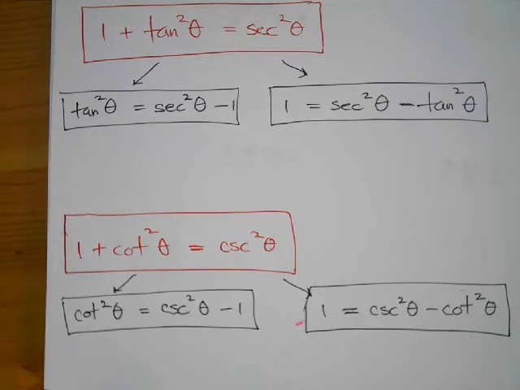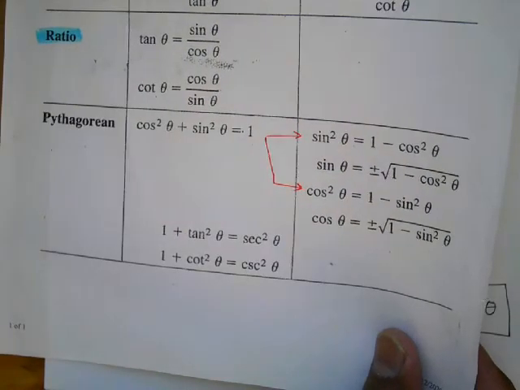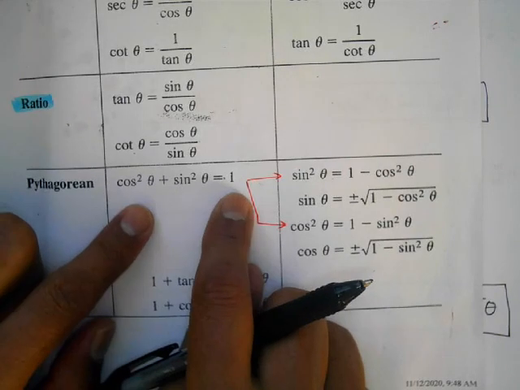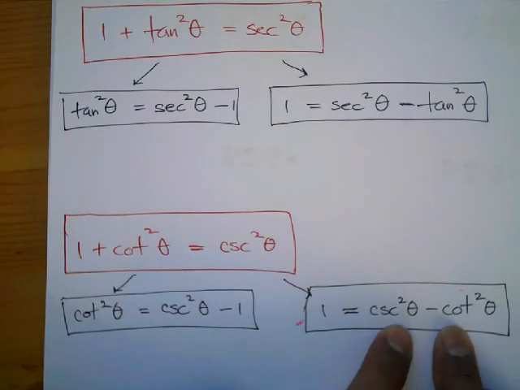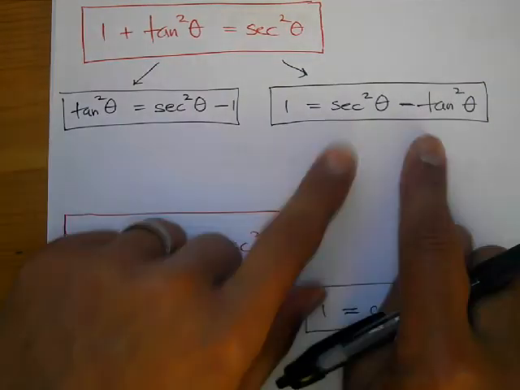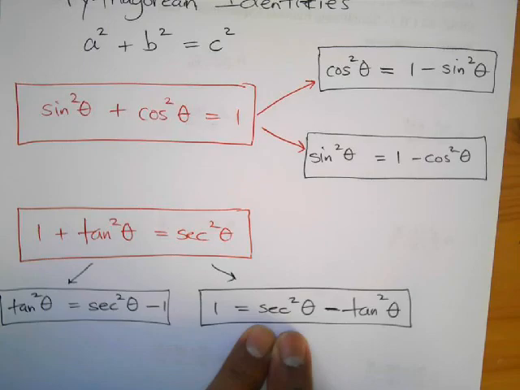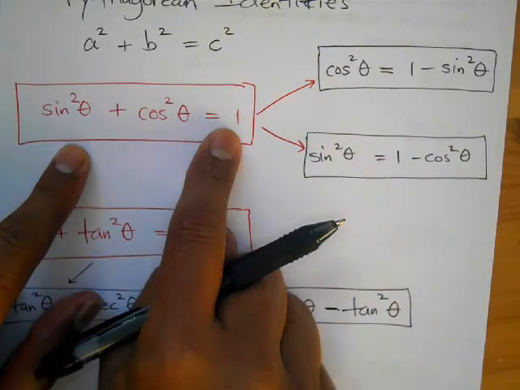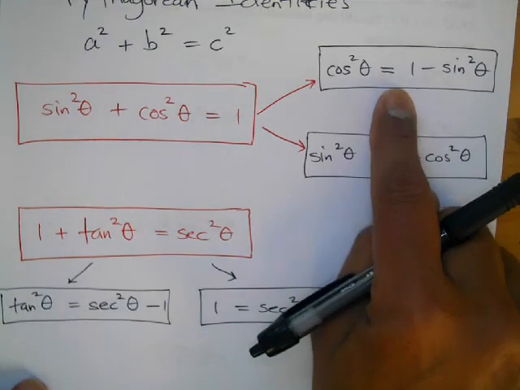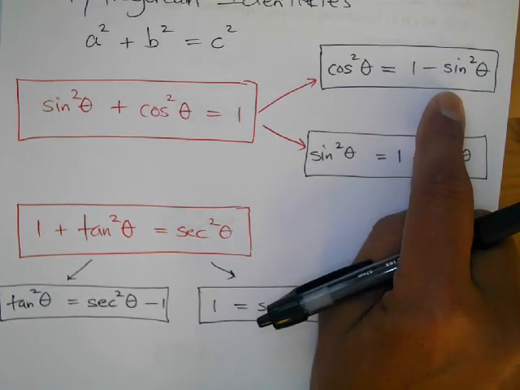So again, just have your notes with you or have your worksheet with you. And just remember, whenever you see something squared with another something squared, sometimes you'll have them subtracting, it equals 1. In this case, adding is equal to 1.